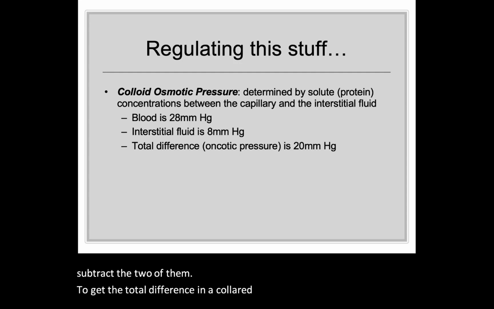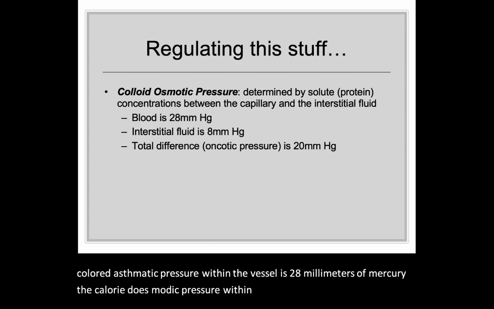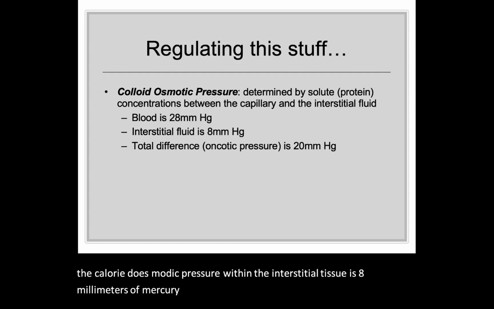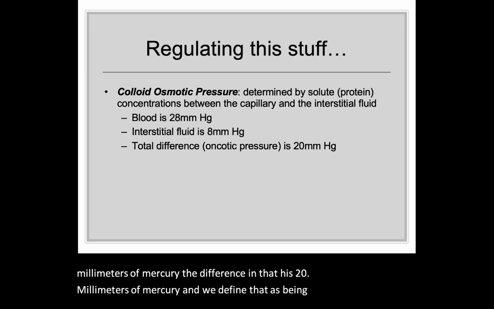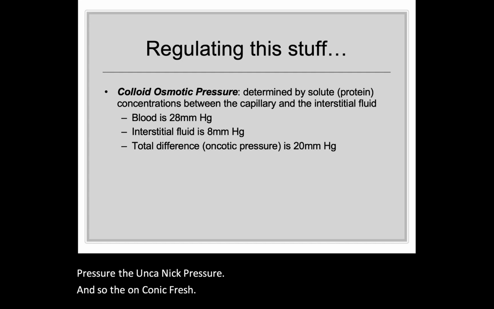So the colloid osmotic pressure within the vessel is 28 millimeters of mercury. Within the interstitial tissue it is 8 millimeters of mercury. The difference is 20 millimeters of mercury, and we define that as the oncotic pressure. And so the oncotic pressure is 20 millimeters of mercury.